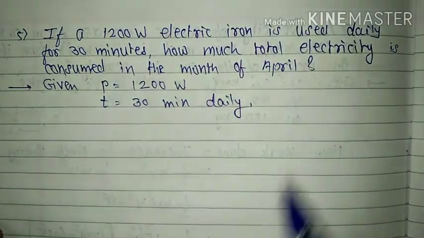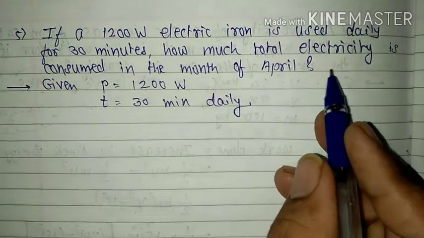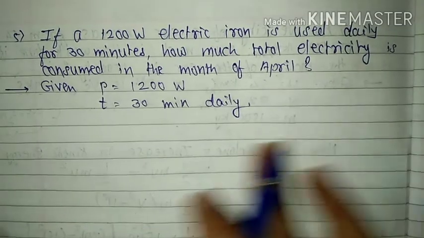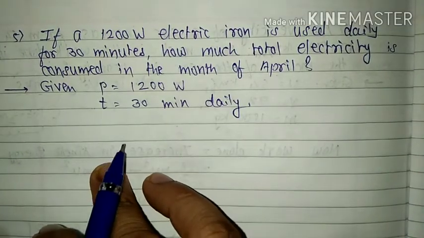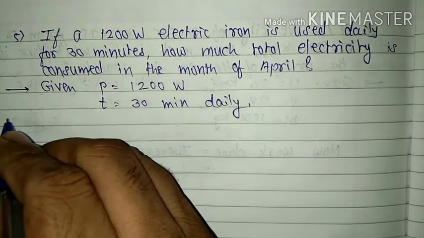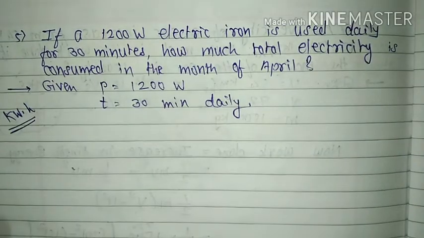Okay, this one is the domestic use of the electricity, and for the domestic use मतलब जो भी हम लोग घर में यूज़ करते हैं उसका इलेक्ट्रिक कंजम्पशन का यूनिट है किलो वाट आवर. This one is the unit.